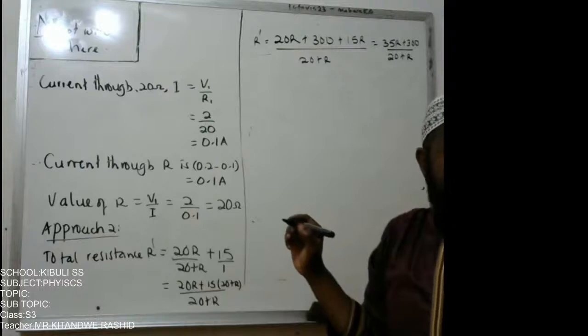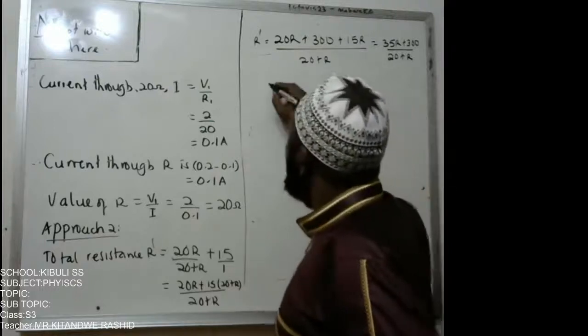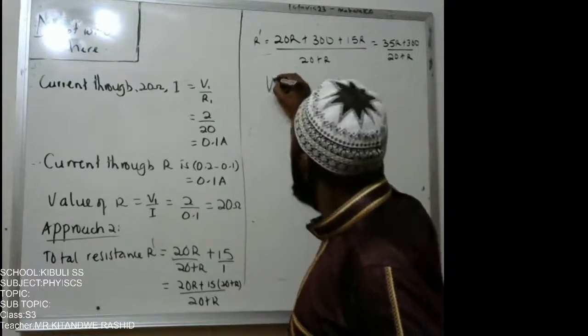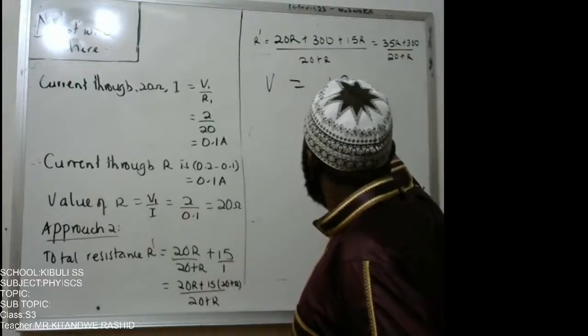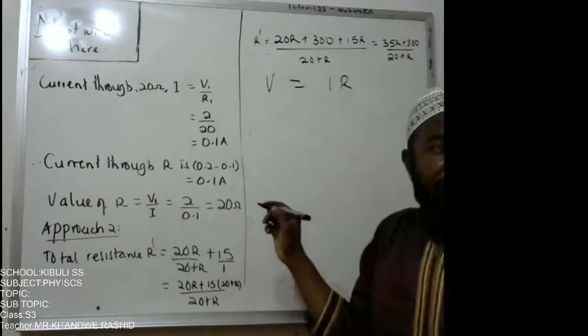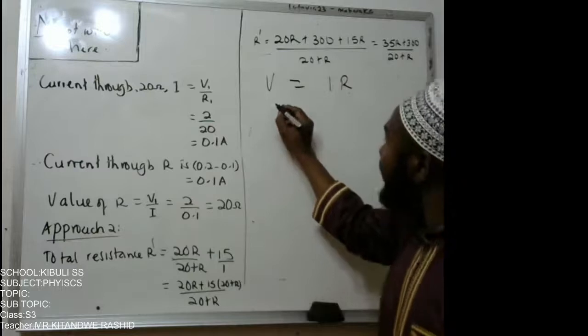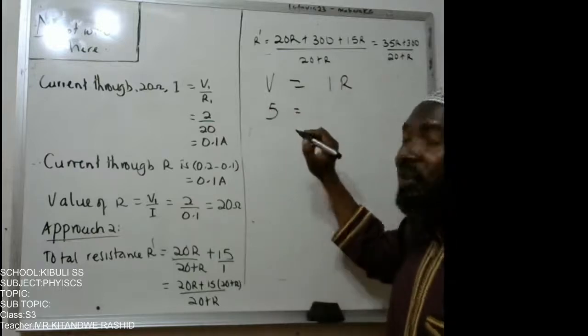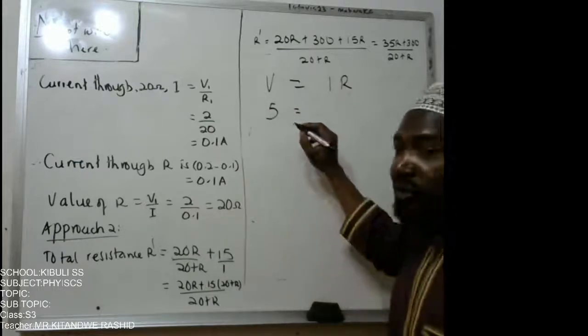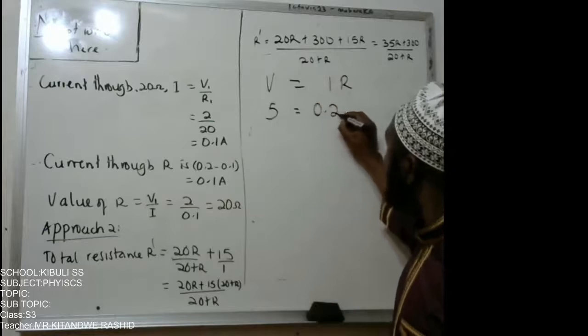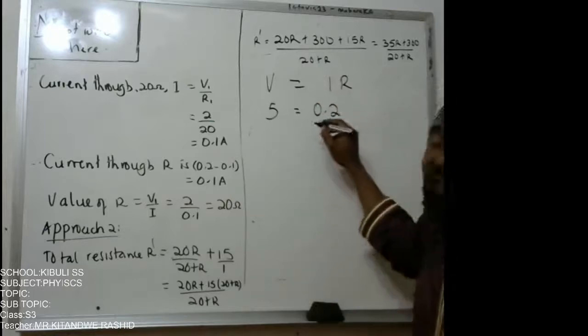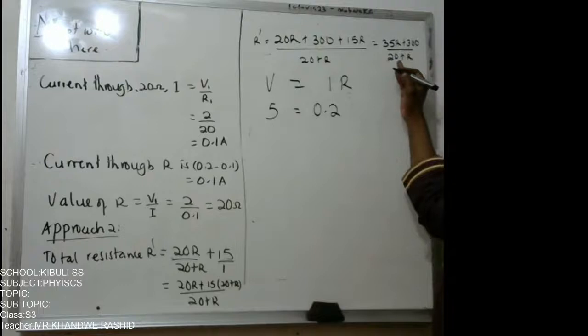Are you getting it? Now you are going to say, from Ohm's law, V is equal to IR. The total voltage for the circuit is what? 5. Total current for the circuit is what? 0.2, times R. Now the R we are talking about is this.